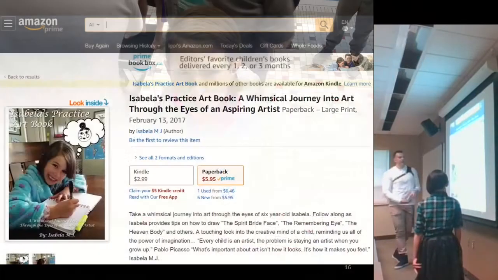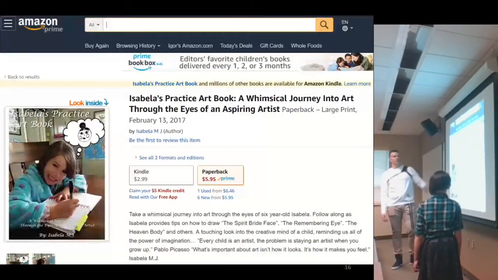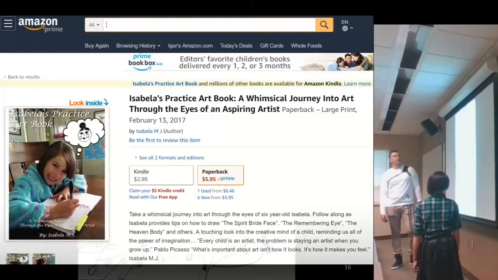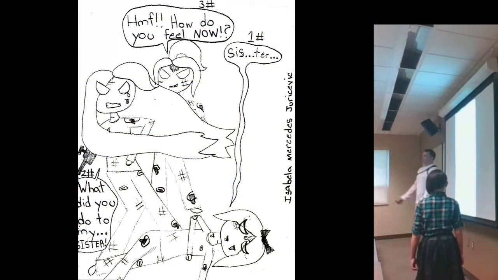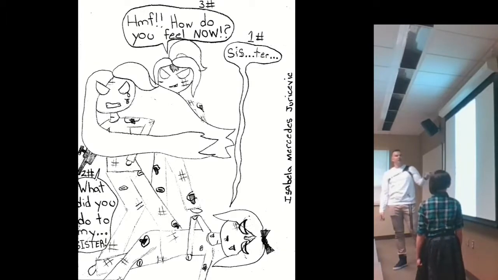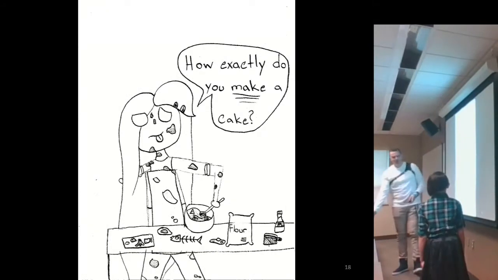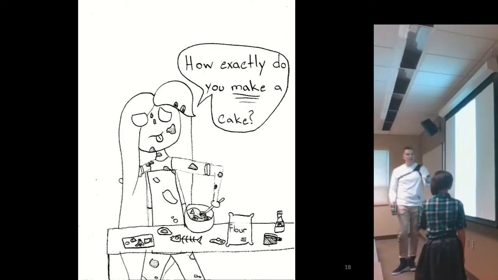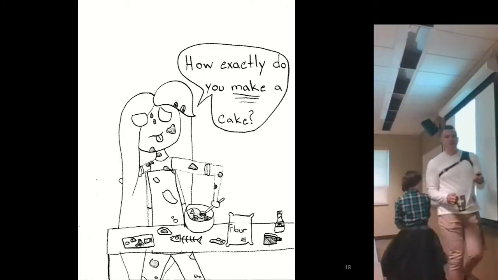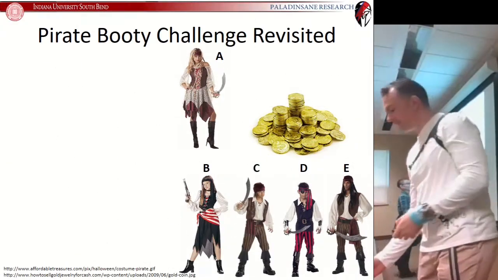She is a published author, and she is currently working on her new creation, Emily Rocket, which follows the superhero adventures of teenager Emily Rocket, as well as the day-to-day difficulties that you have when you're growing up. So without further ado, Isabella, if you want to tell us about the Pirate Booty Challenge Revisited.